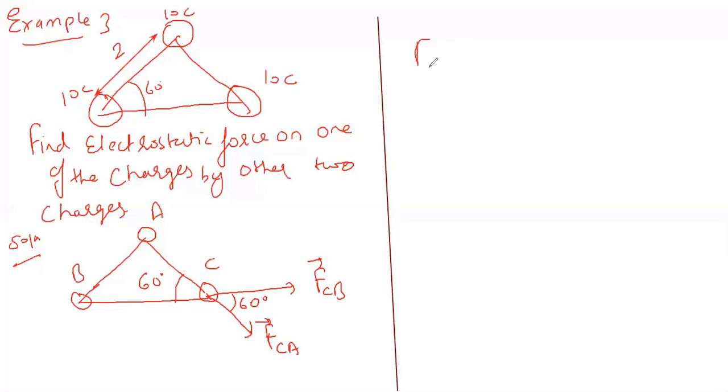Again, we can see the magnitude of vector FCB will be equal to the magnitude of force FCA, and the value of these will be equal to kQ square divided by a square. Now what is a here? a is the side of the triangle.